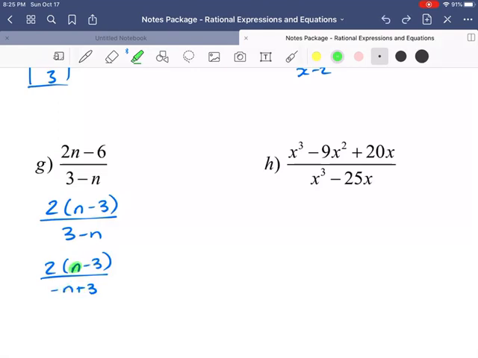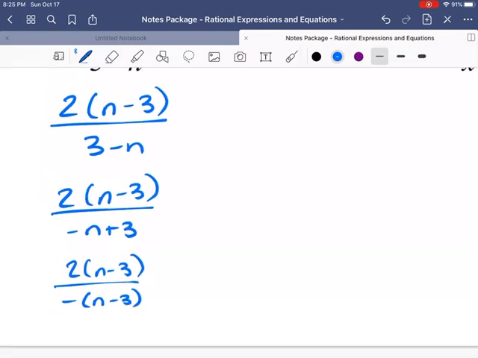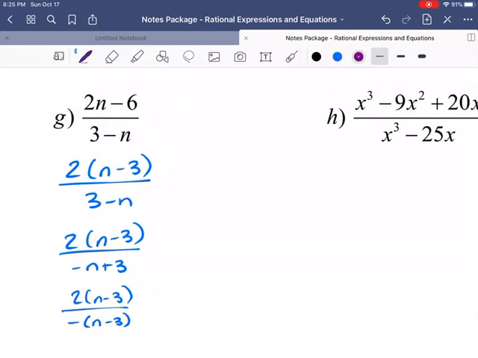So if you run into the situation where they look similar, but they're not the same signs, if you factor a negative out of the denominator, it suddenly appears that we can simplify this. So this will all simplify to negative 2. And where do we figure out our non-permissible values? It's going to be before we simplify anything. So non-permissible values, n cannot equal 3.